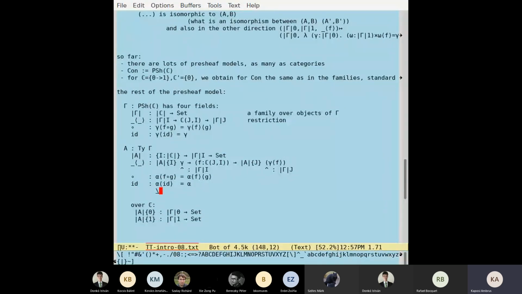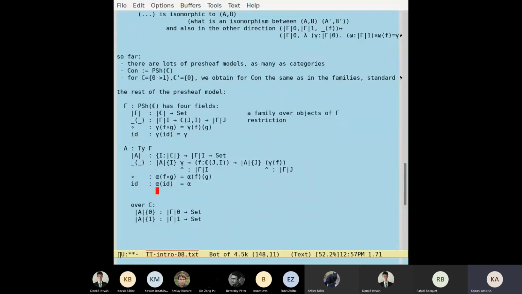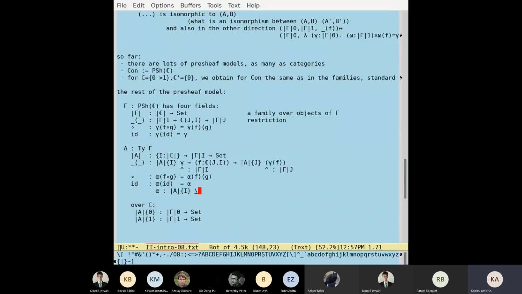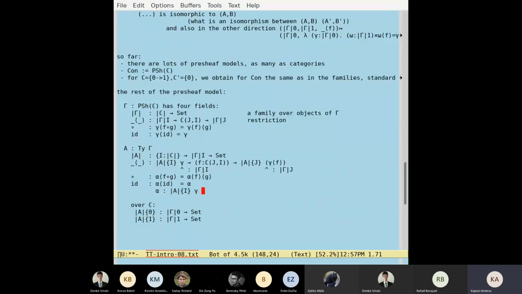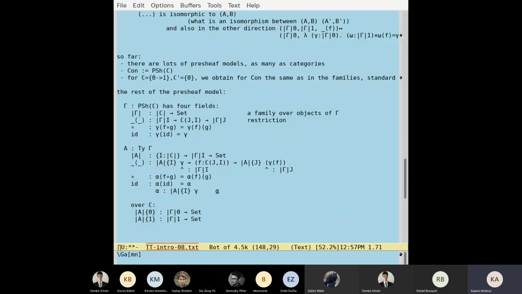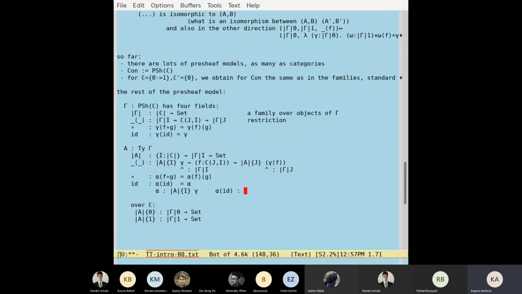So alpha is in A of I of gamma. Okay, and then if you take alpha ID, then by this law, it will be A of I substituted by, or restricted by ID, right?